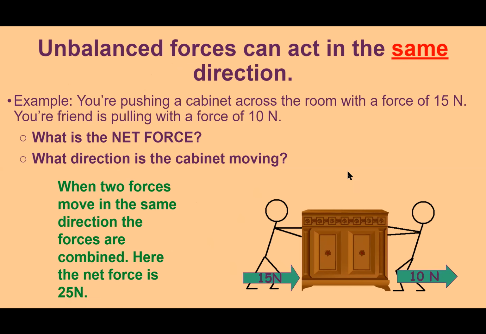I would ask, what is the net force and what direction is it going? You would tell me net force of 25 newtons to the right, and you have to add that direction in there. If you don't tell me to the right, you're not giving me the net force. When two forces move in the same direction, the forces are combined.